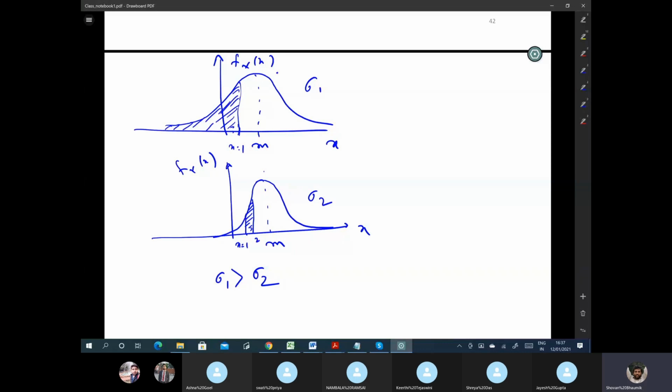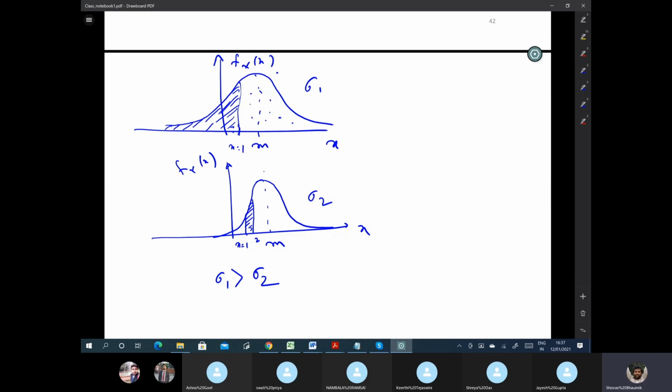Very briefly, if we know this probability, the other half will be 1 minus this, because the full probability will be unity. And you know that if sigma is more, the flatness will be more, and if sigma is less, the flatness will be less.